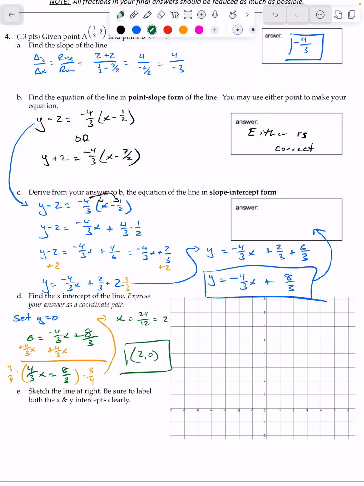So my x-intercept is at 2, 0 here. My y-intercept was at 8/3 there. So 8/3 is 2 and 2/3, right there. 0, 8/3.